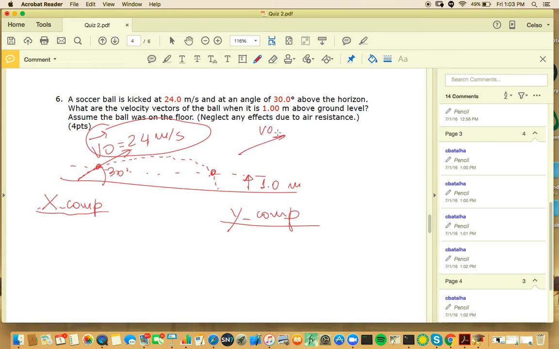So this is your v naught, right? And what you want to find is your v naught x, and you want to find your v naught y. Your v naught x is equal to 24 cosine of 30, and your v naught y is equal to 24 sine of 30. This is in meters per second.